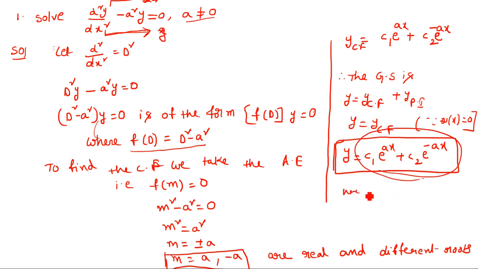Here c1 and c2 are arbitrary constants. This is a second order differential equation, so the solution compulsorily contains two arbitrary constants. If it is a first order differential equation, we take only one arbitrary constant in the solution. So this is the general solution of the given differential equation.